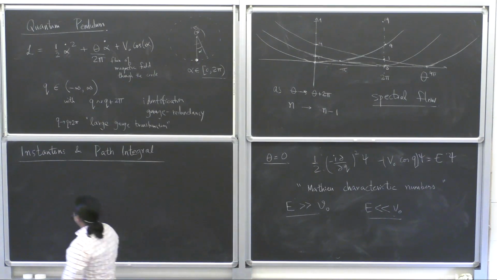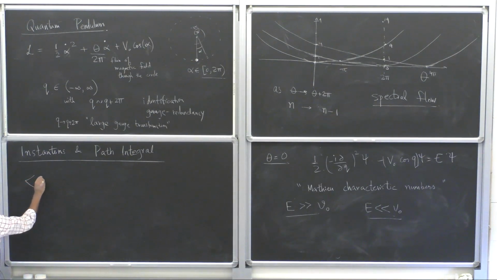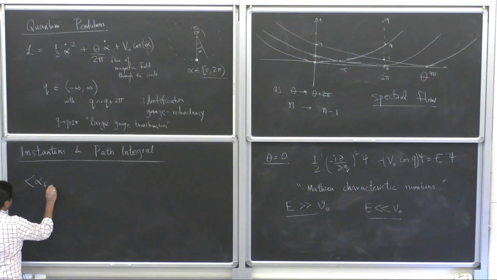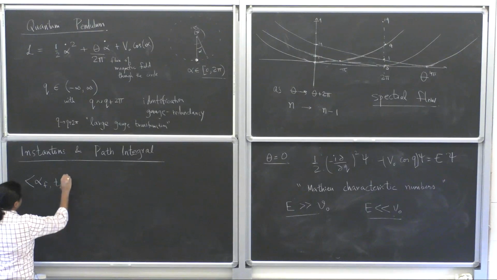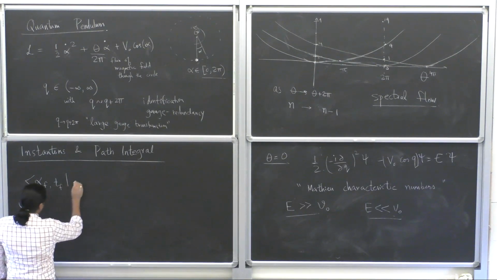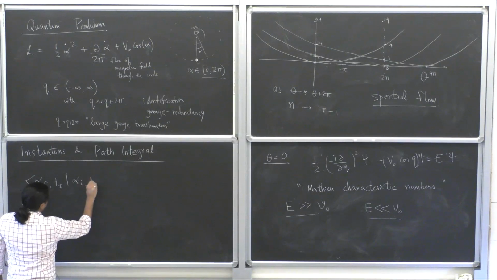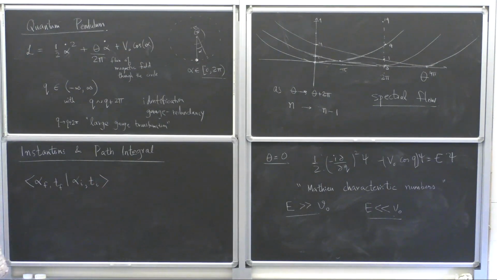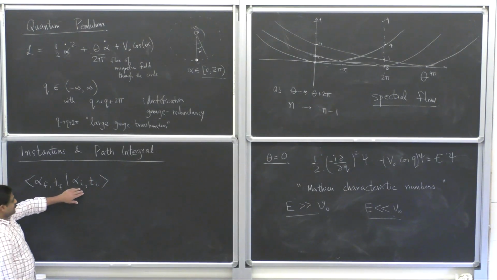So if we go back to the basis alpha, we can ask quantum mechanical questions, such as: what is the transition amplitude for the particle starting at some particular angle?